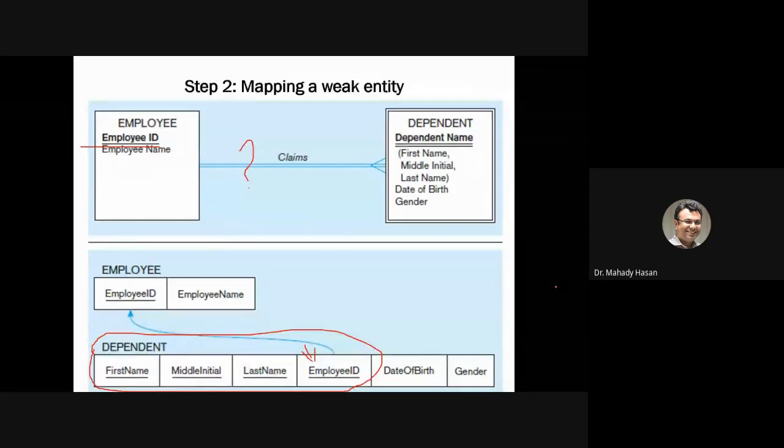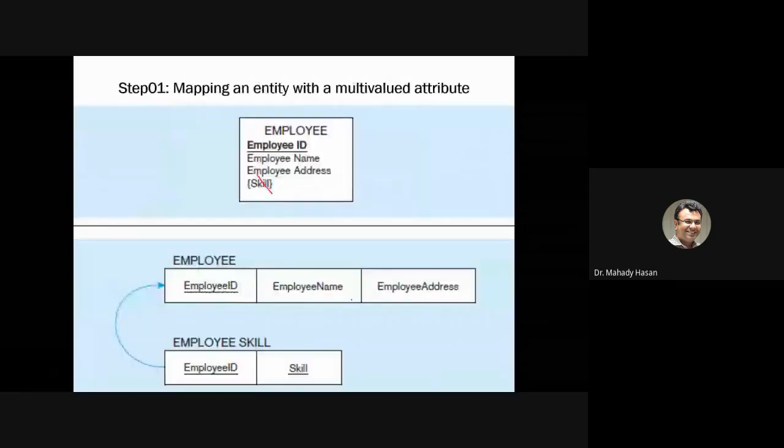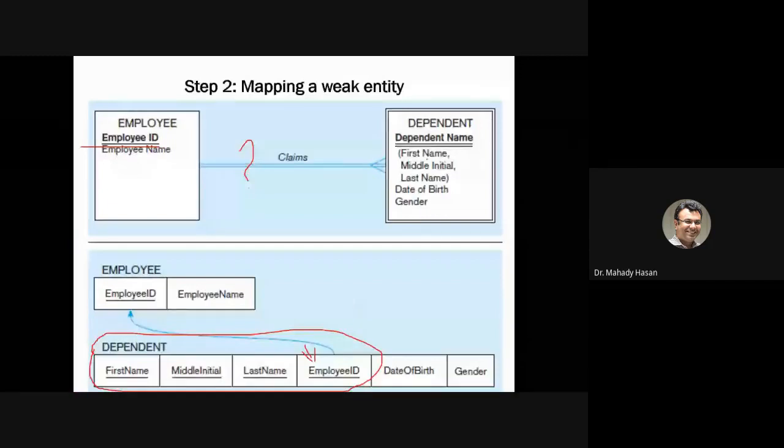We have seen with composite attributes that we don't put the main attribute, we put the composite parts. Same rule applies here. So we put the composite parts: first name, middle initial and last name. Employee name is coming as a foreign key, and all these four make the composite primary key.